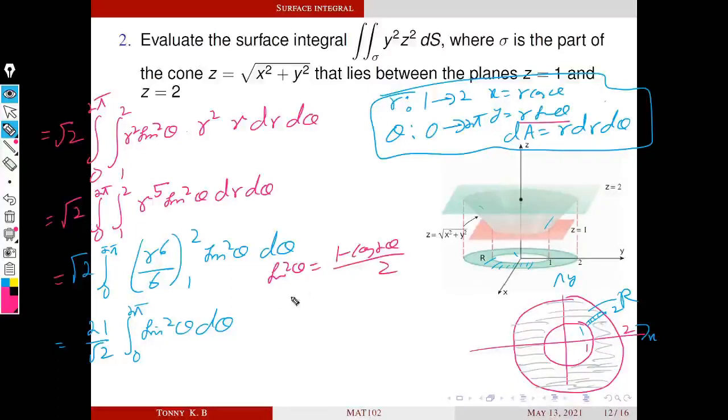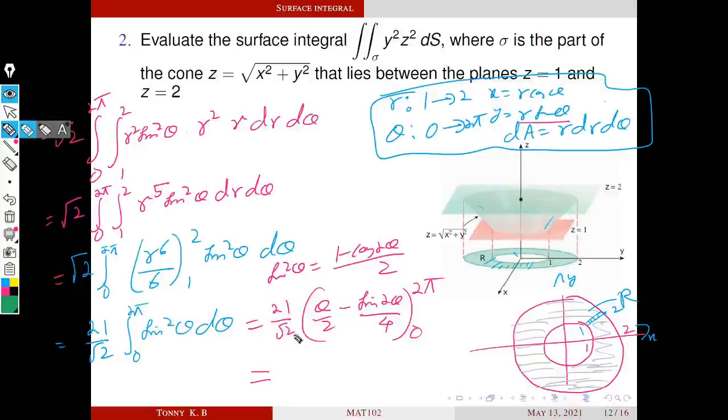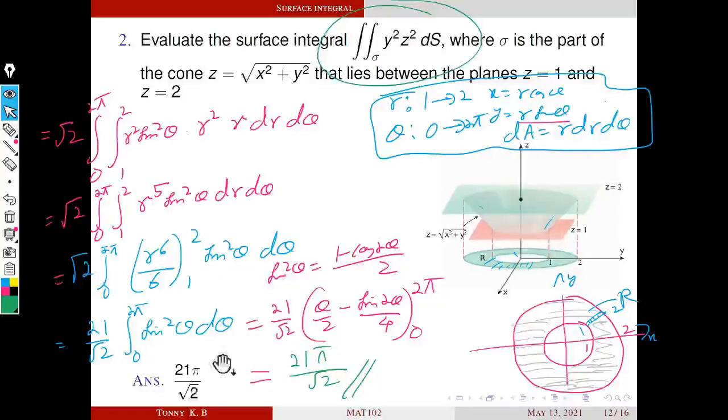By substituting this formula and integrating, we get 21 by root 2 times theta by 2 minus sin 2 theta by 4, from 0 to 2 pi. On simplification, we get 21 pi by square root of 2. So this is the value of this surface integral, 21 pi by square root of 2. That's it.